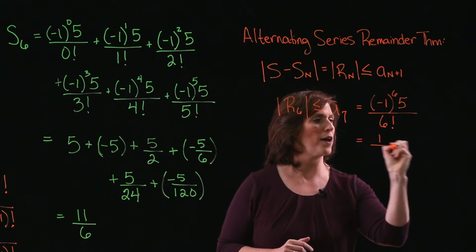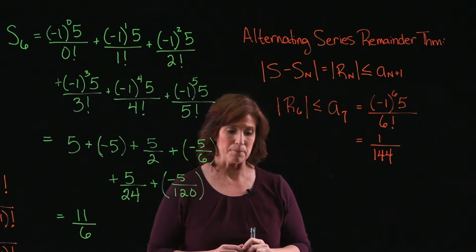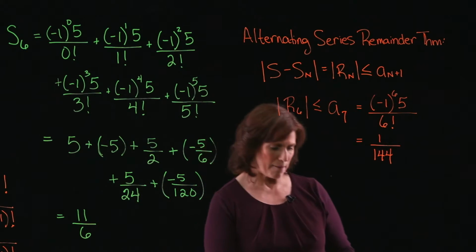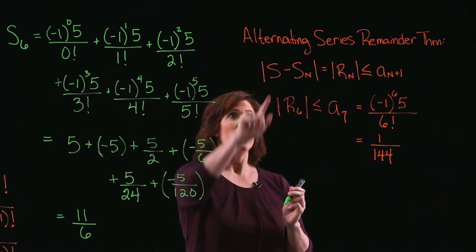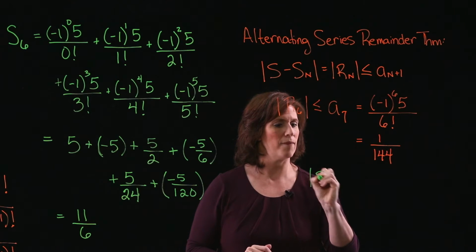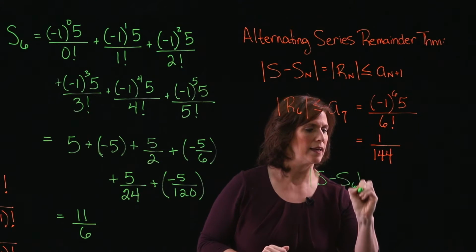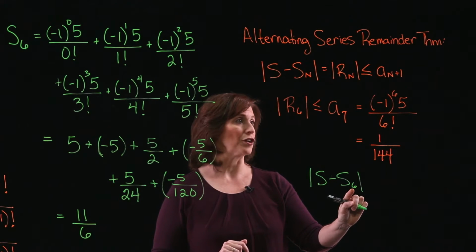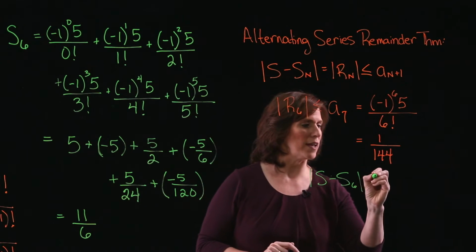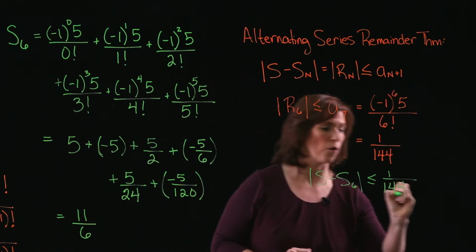That turns out to be 1 over 144 when you do the arithmetic. Okay, so what does that mean? Well, I know that the absolute value of my sum minus my 6 terms is going to be less than or equal to 1 over 144.